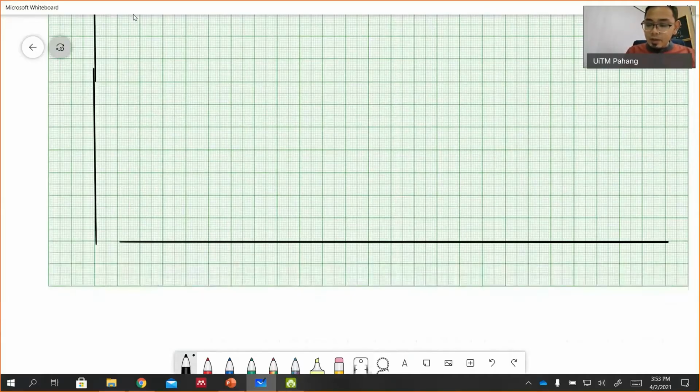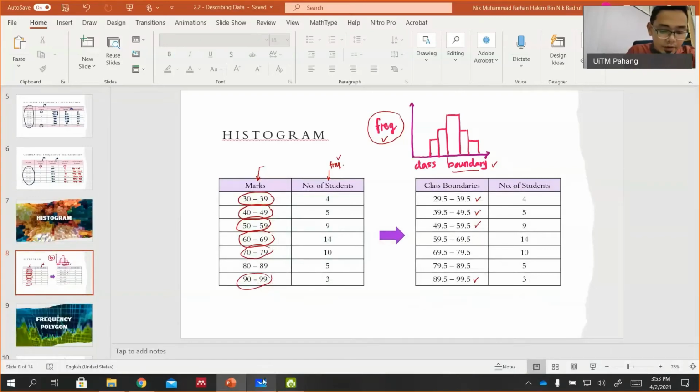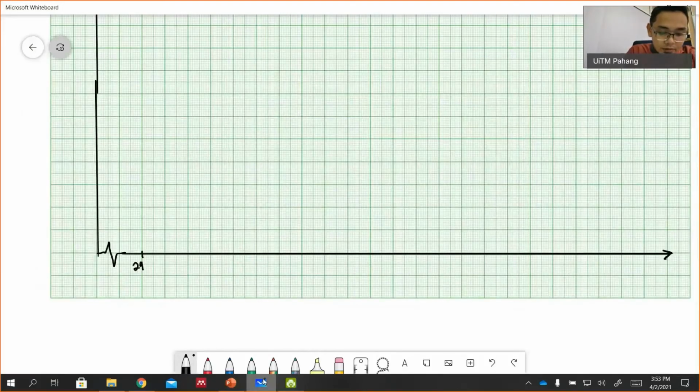The zigzag means that we skip some values on that interval, because we want to go directly to 29.5 until 39.5, then from 39.5 until 49.5, 49.5 until 59.5, and 59.5 until 69.5. Then you proceed to 79.5, 89.5, and 99.5. This is the last group, I guess.